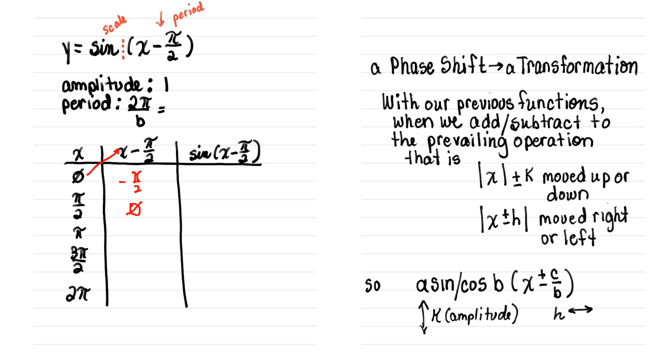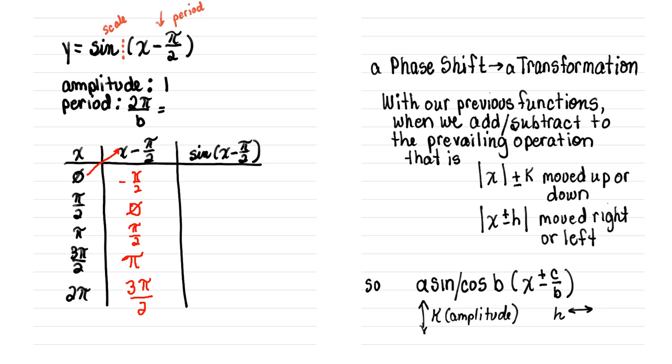Pi minus pi over 2 is pi over 2. And 3 pi over 2 minus pi over 2 gives us pi. And 2 pi minus pi over 2 gives us 3 pi over 2.